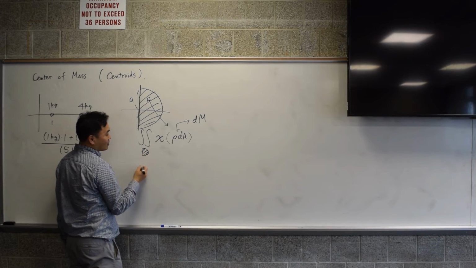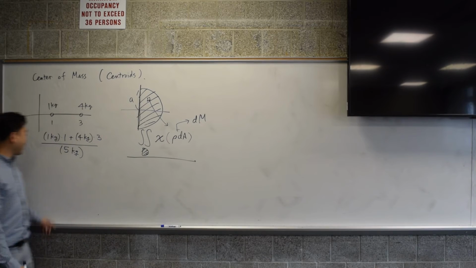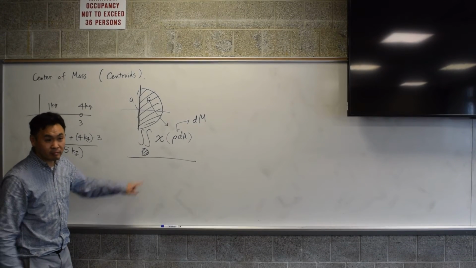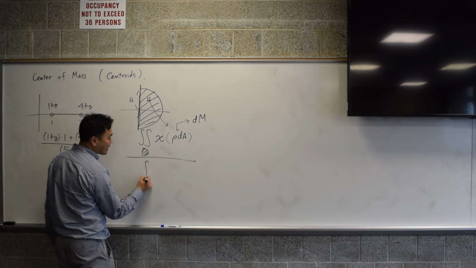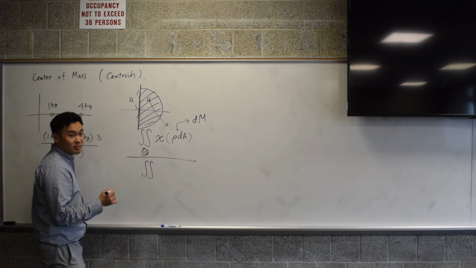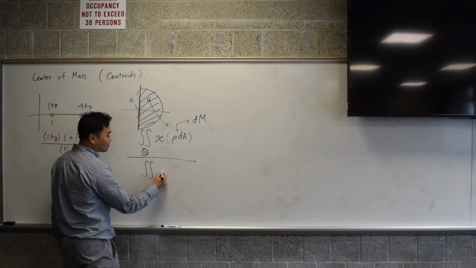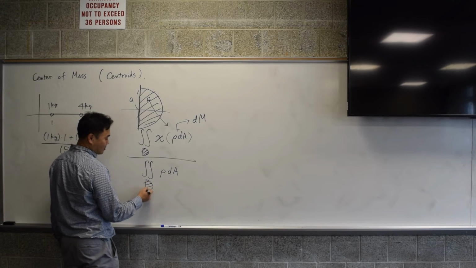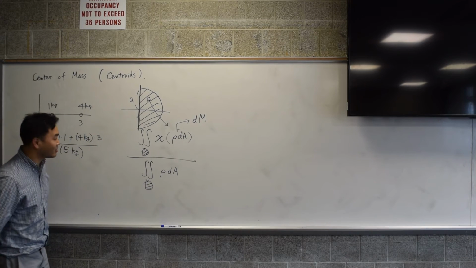Now, what do I divide it by? How do you calculate the mass? It's just density times dA, and if you integrate it, that's the mass.